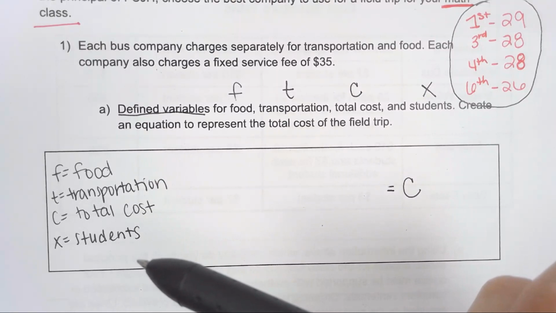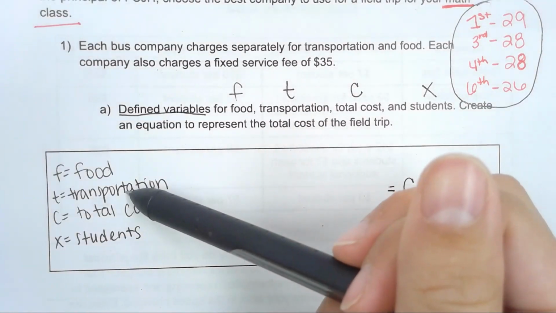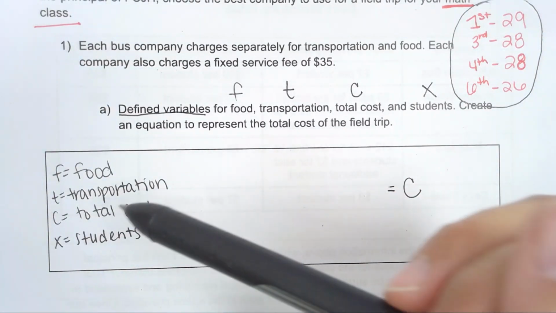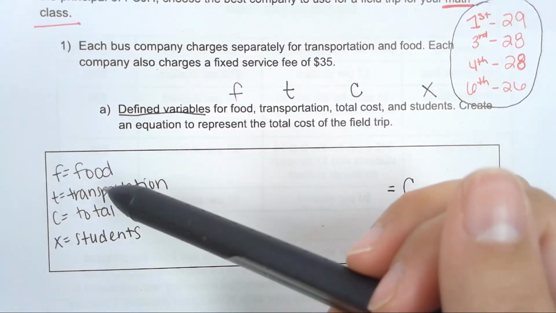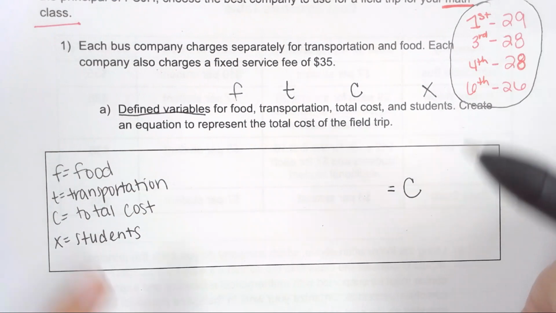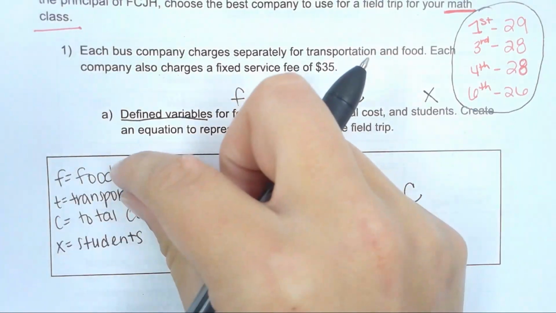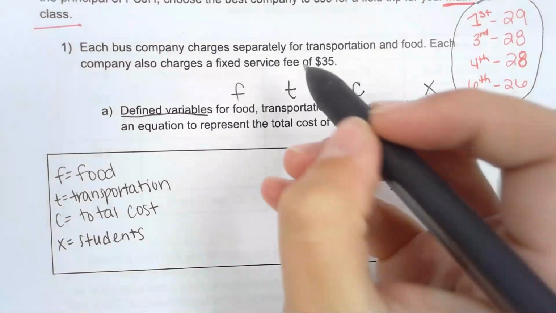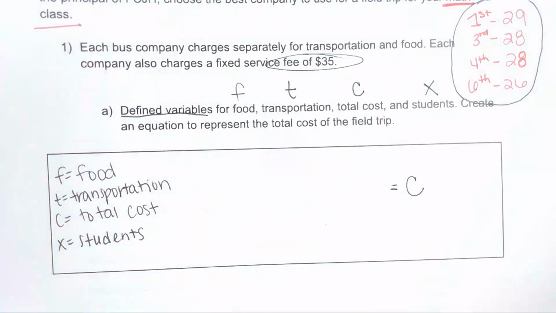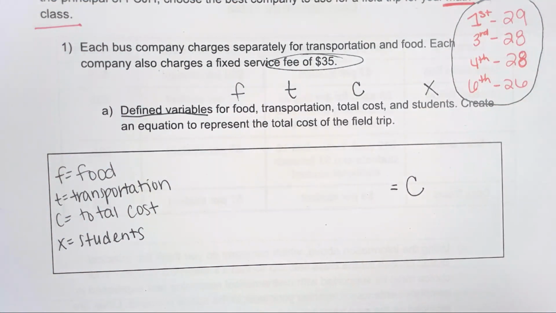On this field trip, it's going to cost transportation per student, and it's going to cost food per student. So I know for a fact I'm going to be adding the transportation and the food to equal this C. And I also have a service fee of $35, which is my constant.